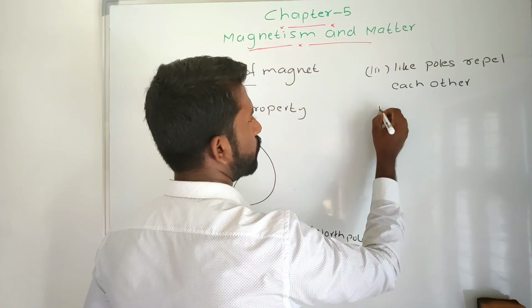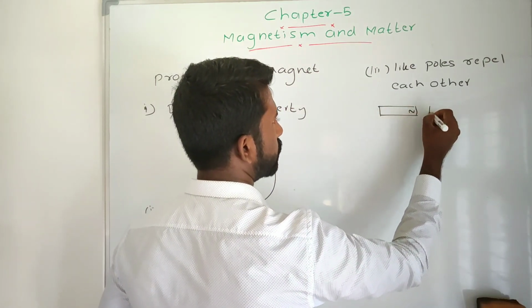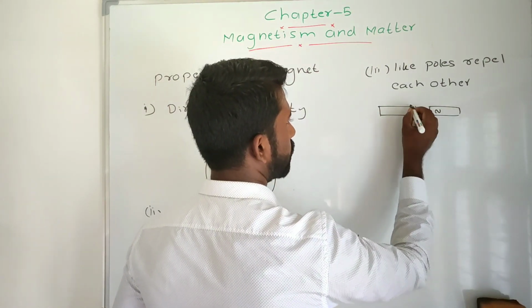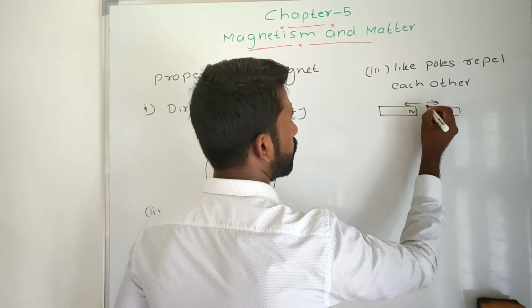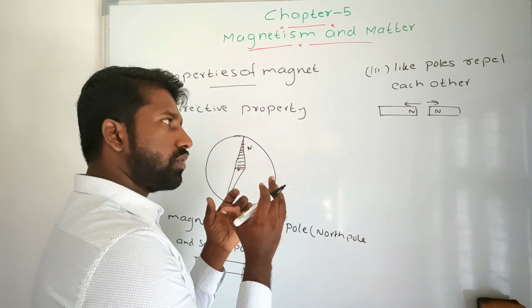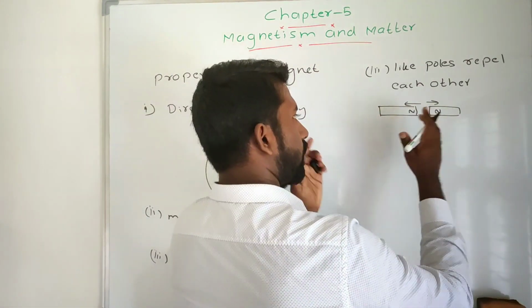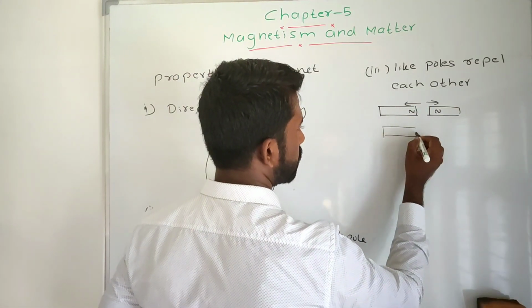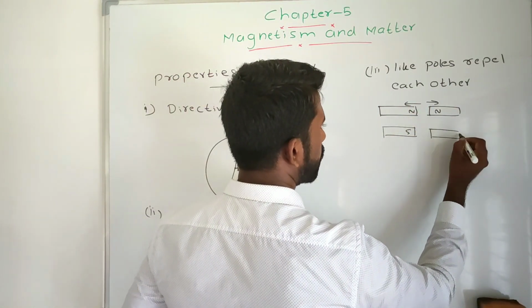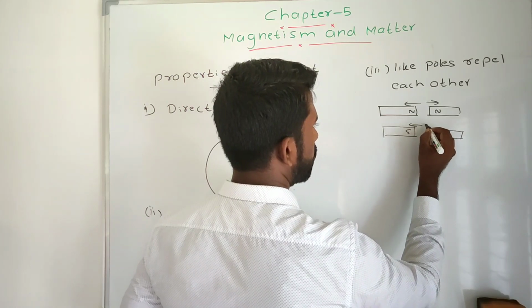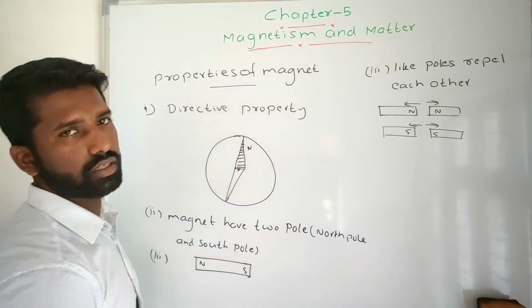That means, you see this is one magnet with its north pole, and the other magnet's north pole. When these two north poles are placed near each other, you may observe that they move away, that is, they repel each other. And two south poles placed nearby will also repel each other.